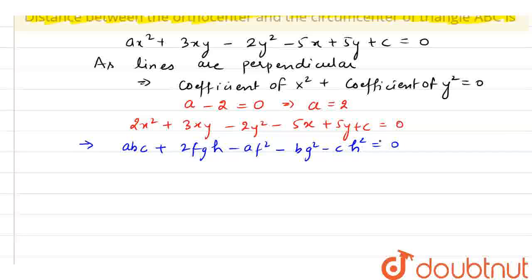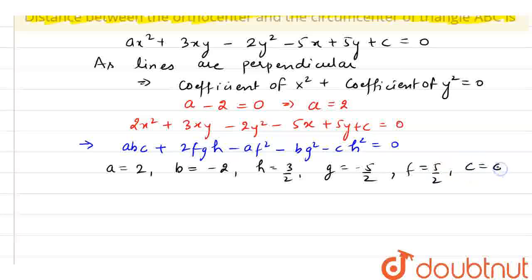This is the necessary condition for a pair of lines, right? So here we have the value of a as 2, value of b as minus 2, value of h as 3 by 2, value of g as minus 5 by 2, value of f as 5 by 2, and value of c is c. So we have to find c. How did I derive that particular conclusion?